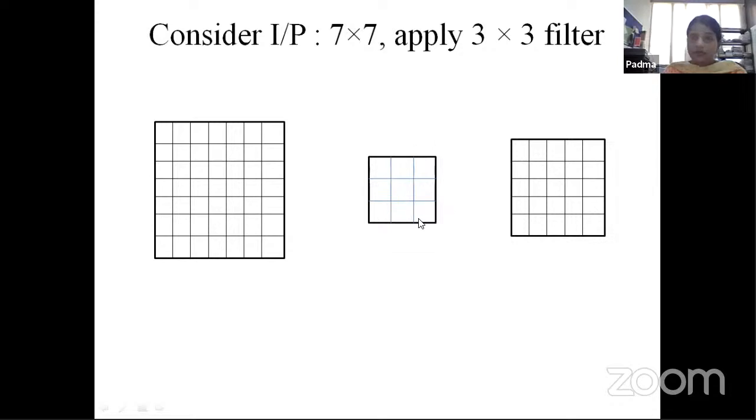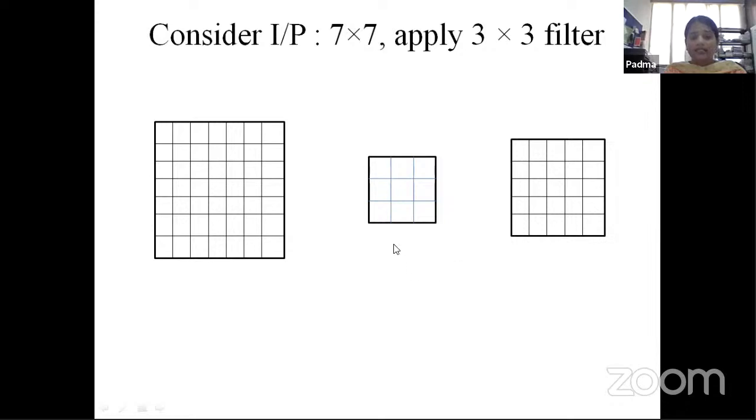So based on the formula that we have discussed in the theory part, you will use the formula: the width of the input image minus the width of the filter, plus 1, divided by the stride rate S, plus again 1.